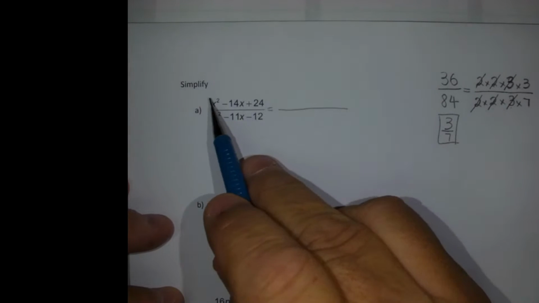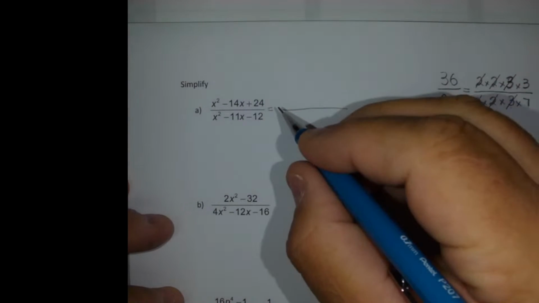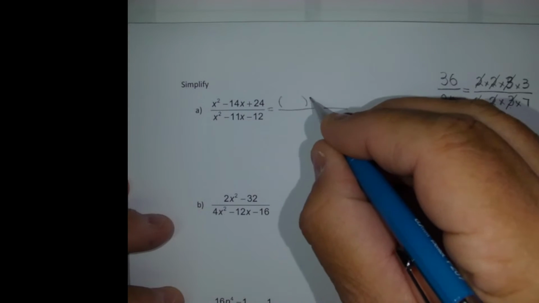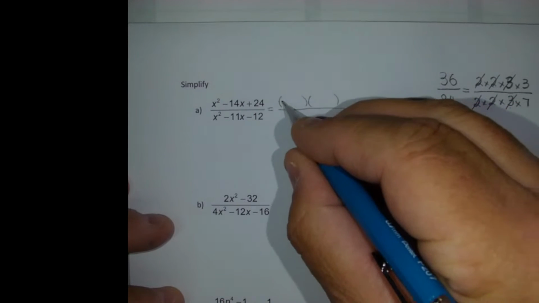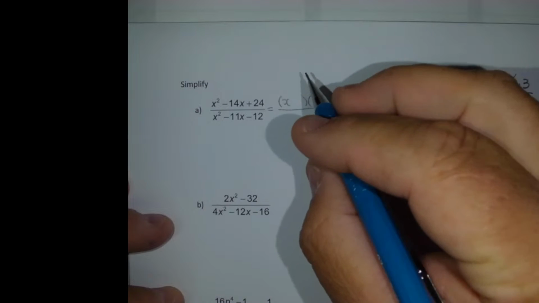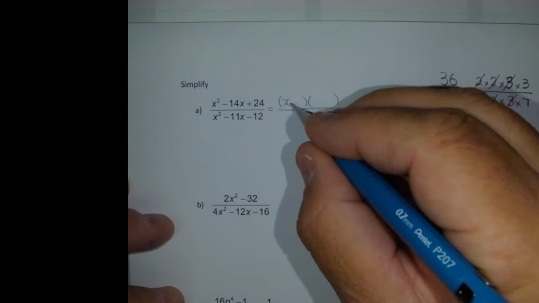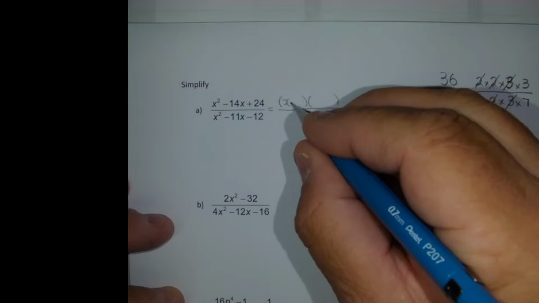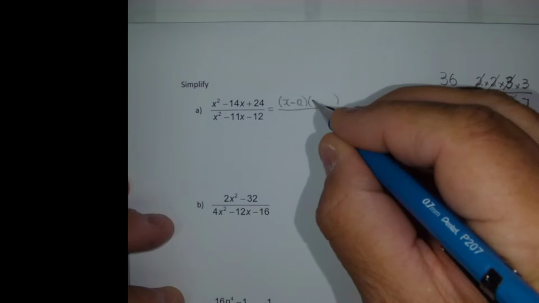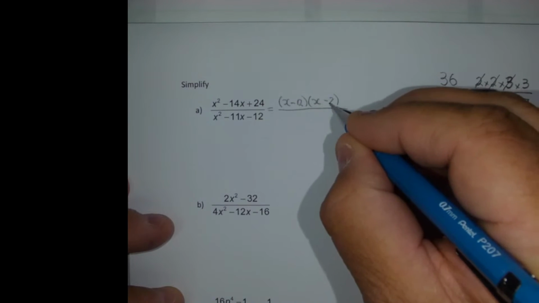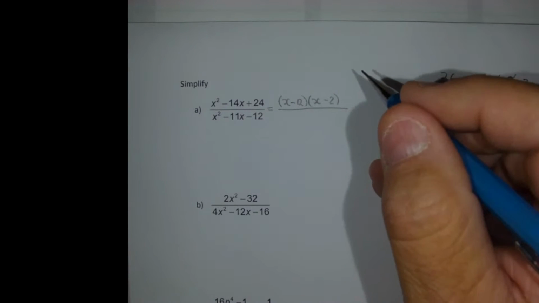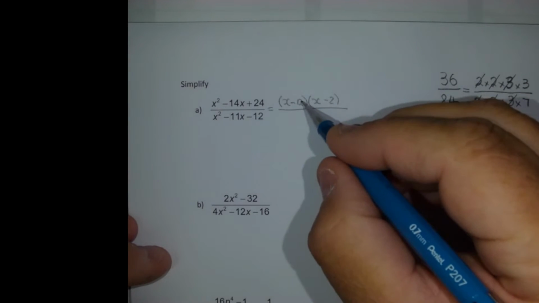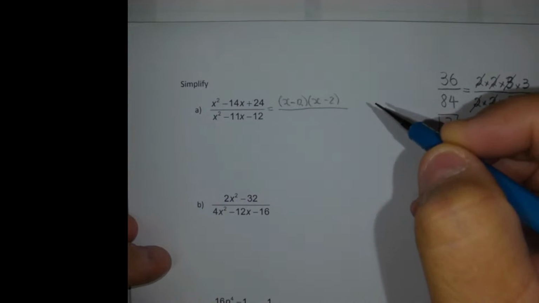So I'm going to factorize that trinomial, and the factorization of that trinomial is x minus 12 and x minus 2. Okay, so x minus 12, x minus 2.